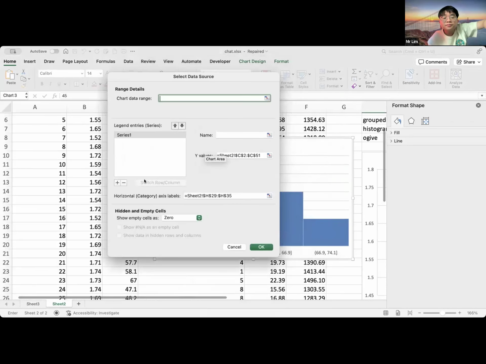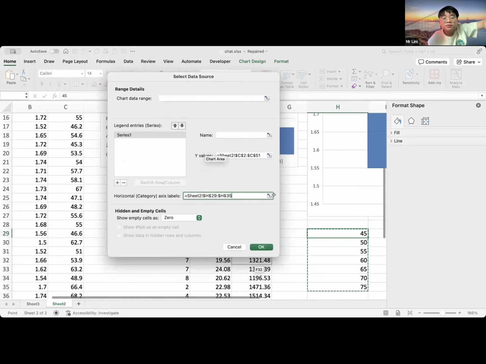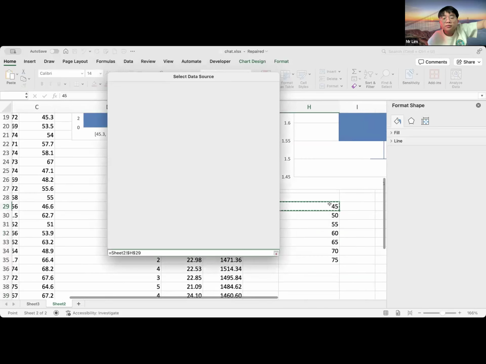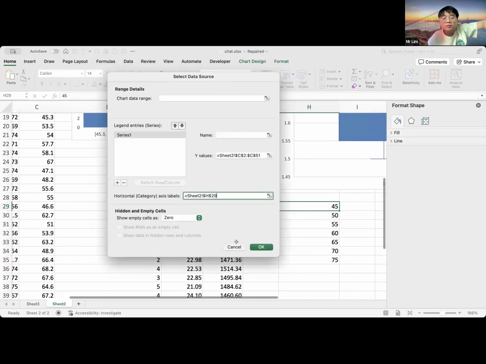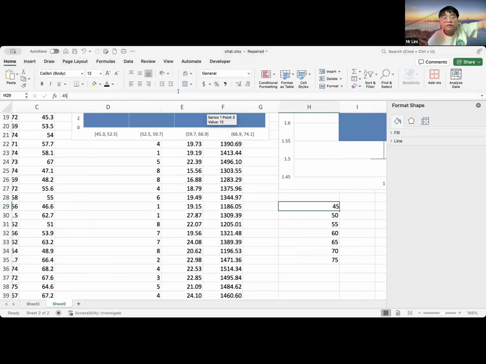What does it mean? Okay, somehow you have to explore. What about if you put 45 to 50? I don't think this is a valid data. Never mind, let's see.